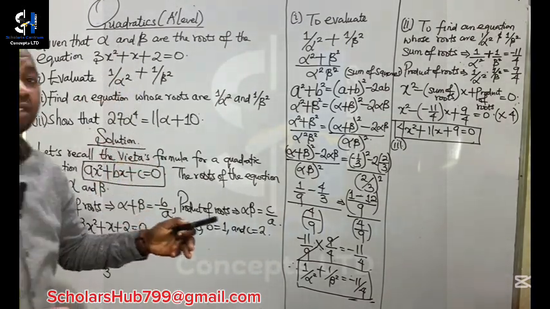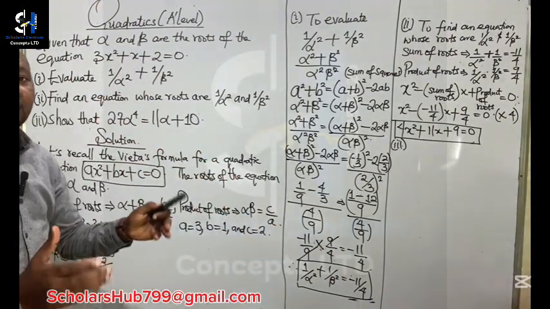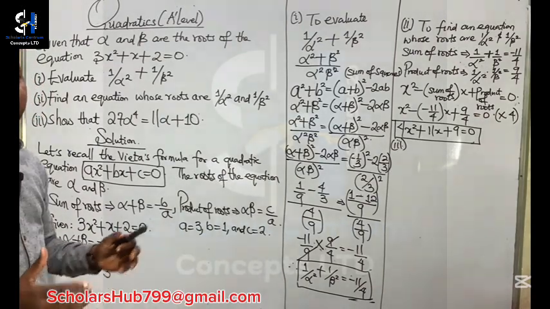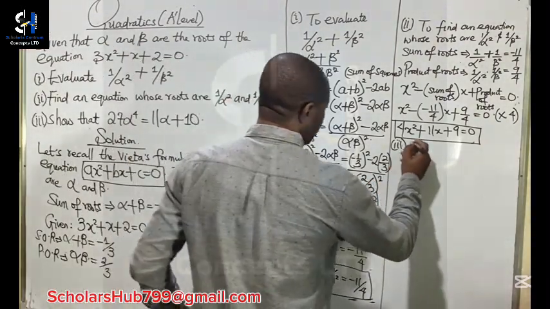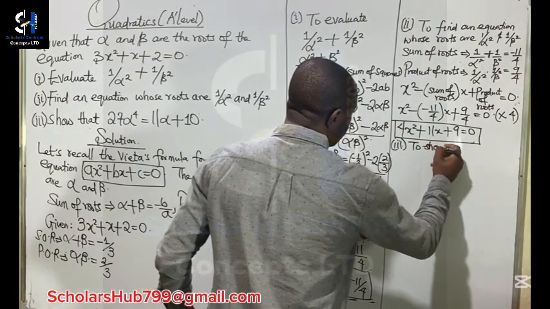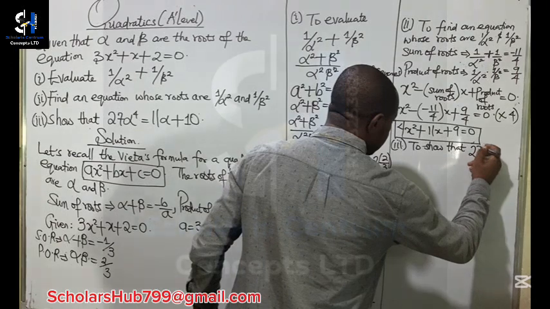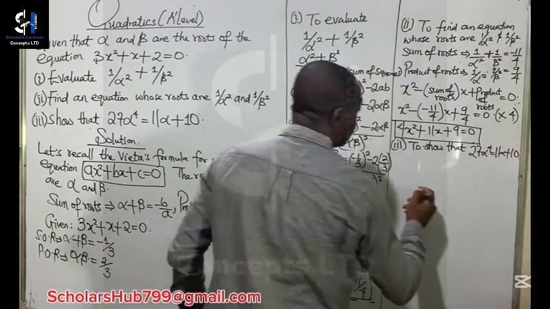Since alpha is the only root of this equation, we can set x equal to alpha. Now we want to show that 27 alpha to the fourth equals 11 alpha plus 10.